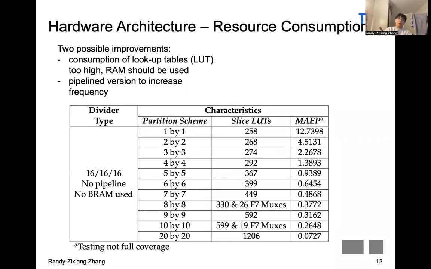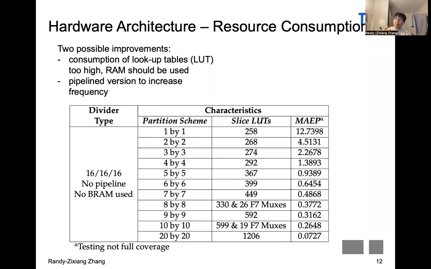Notice there are still two improvements we can make. One is that a lot of those coefficient values are stored using lookup tables, but these can be stored using the dedicated block RAM in the FPGA.